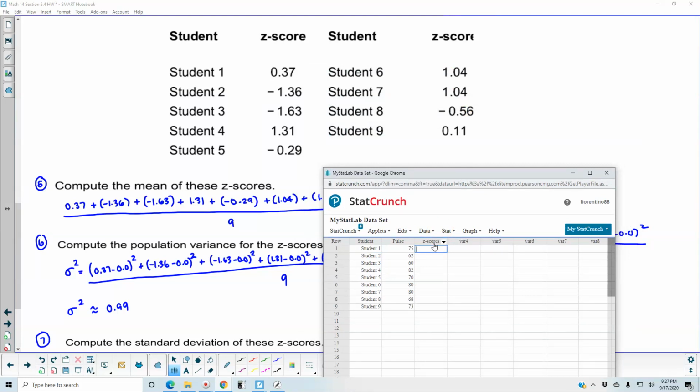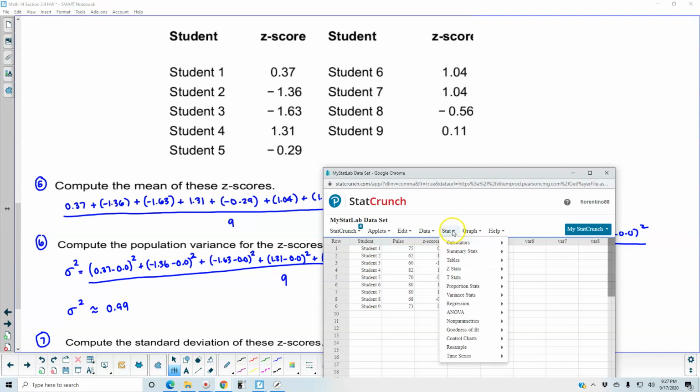The z-score for 75 is 0.37, for 62 is negative 1.36, the next one is negative 1.63, the next one is 1.31, and then negative 0.29, 1.04, 1.04, negative 0.56, and then 0.11.